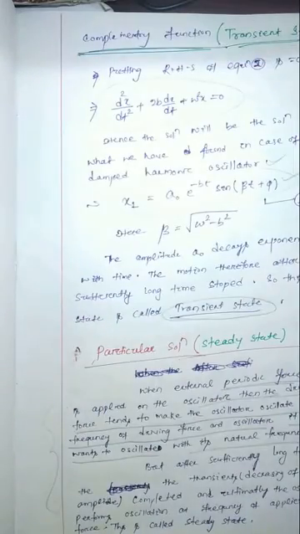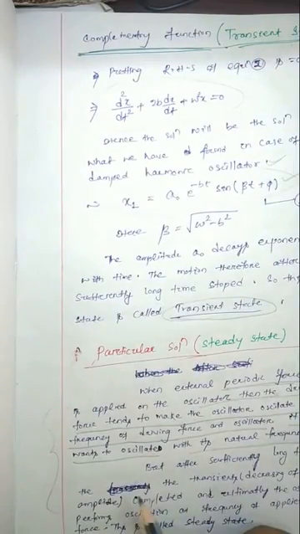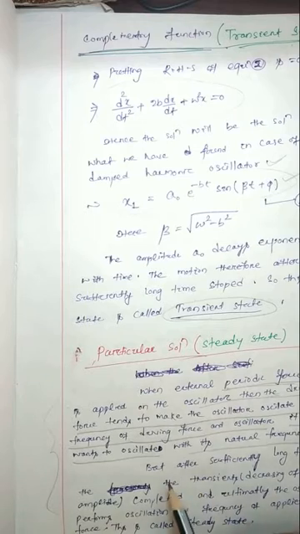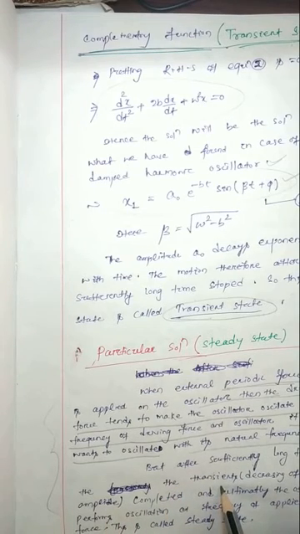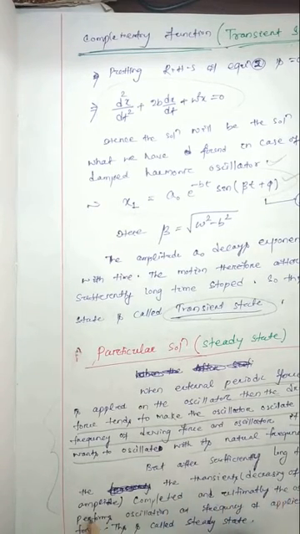The same thing is written here: after a sufficiently long time, the transient or decrease of amplitude is completed, and ultimately the oscillator performs oscillation at the frequency of the applied force. That is called the steady state.